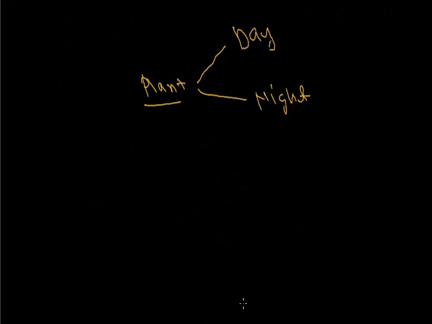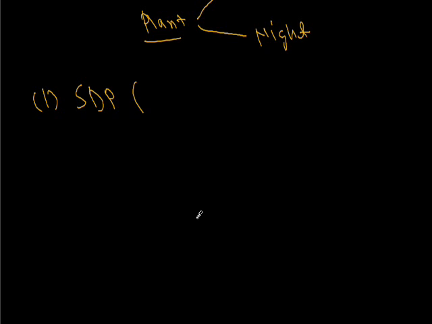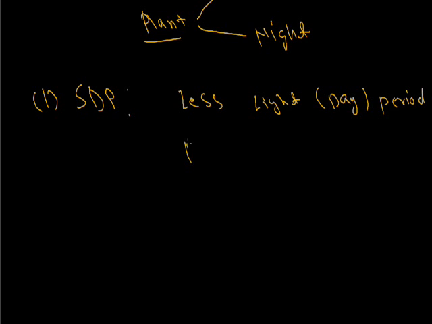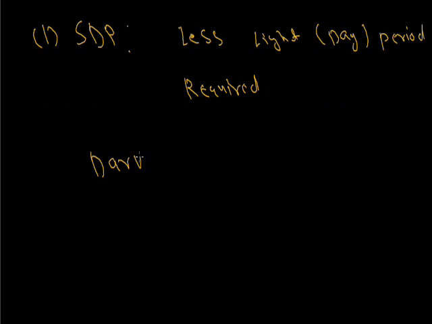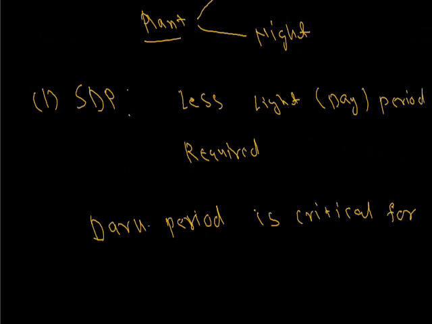Okay, so plants are divided into two types based on photoperiodism. First is SDP, short day plant. Short day plant means a less light day is required, and the dark period is critical for SDP.